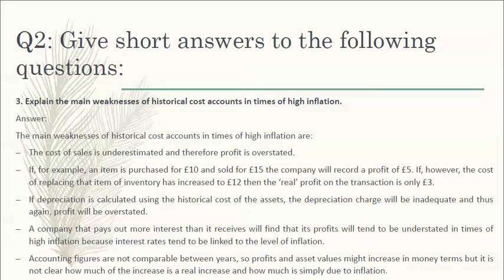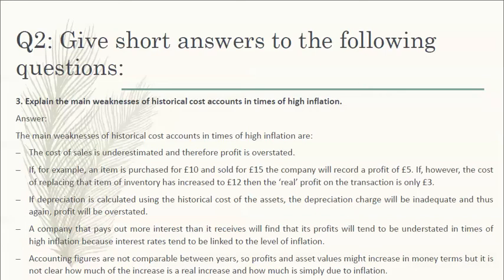Okay, last main weakness, that the accounting figures are not comparable between years. So in this case, profits and asset values might increase in money terms, but it is not clear how much of the increase is a real increase and how much is simply due to inflation.